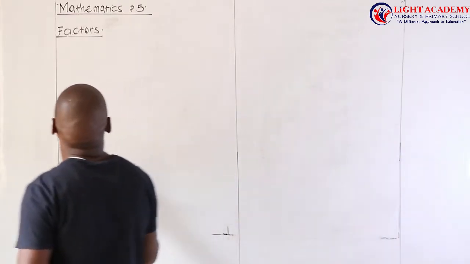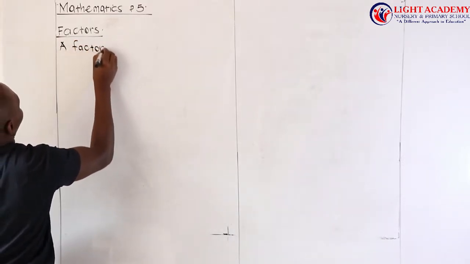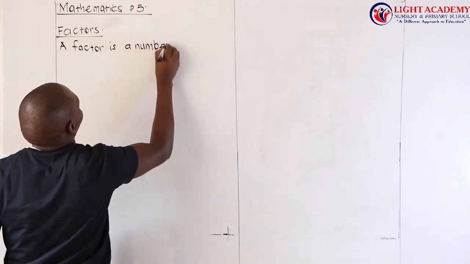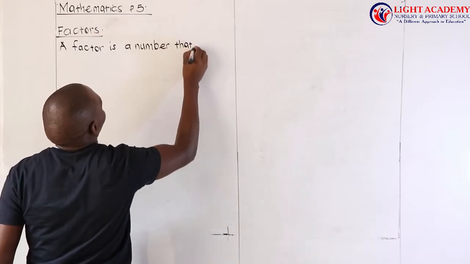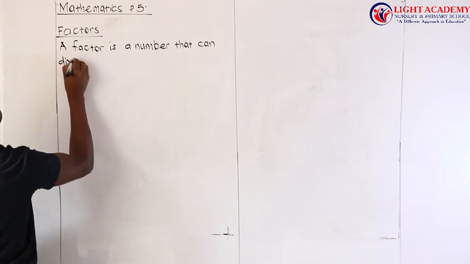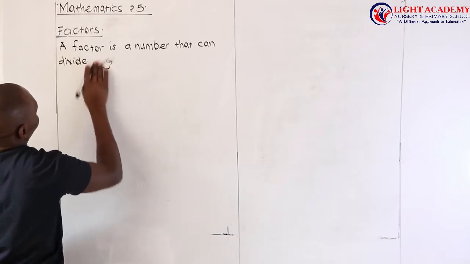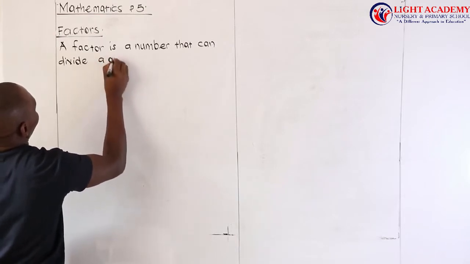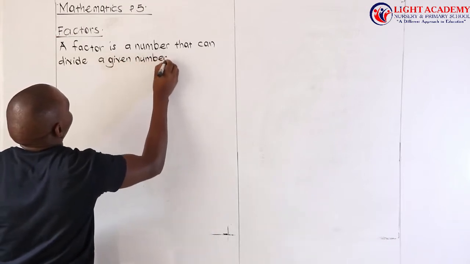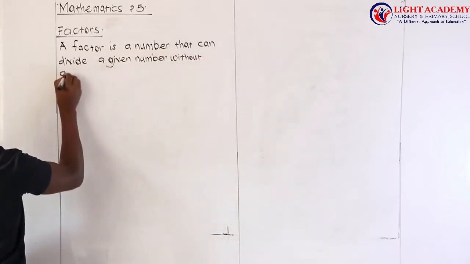Okay? So you can say a factor is a number that can divide a given number without a remainder.